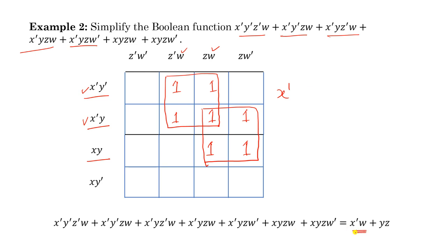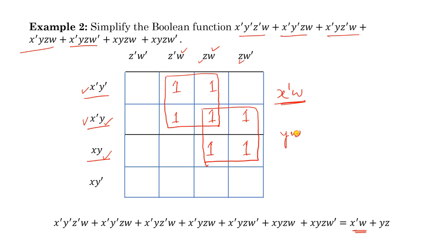Look at this, this is x dash w, and for this block, you will see that y is same, and here z is same, so this is equivalent to y z.